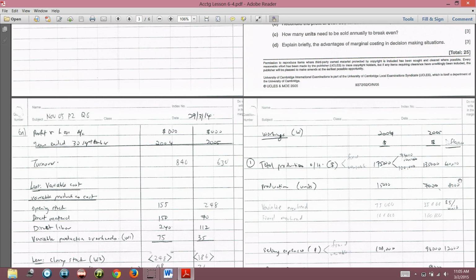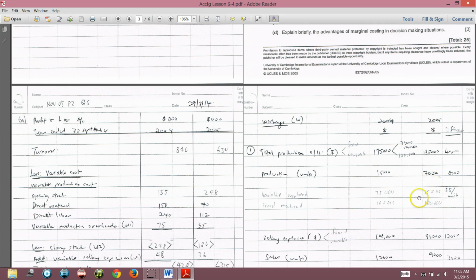So what is the variable production overhead? Variable production overhead will be $40,000, divided by 8,000 units, which is $5 per unit. So variable overhead for 2005 will be $5 times 7,000 units.